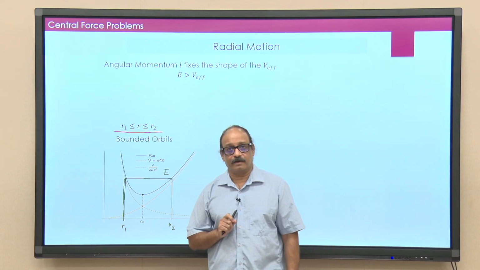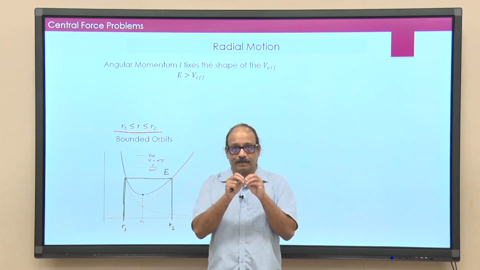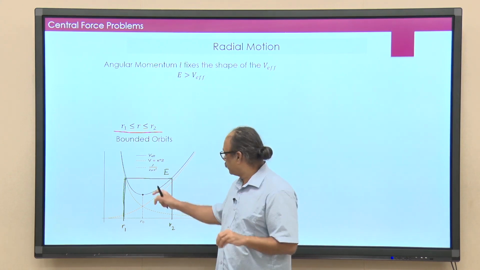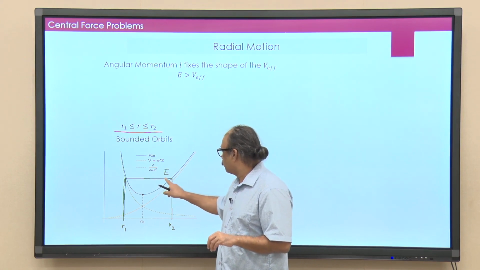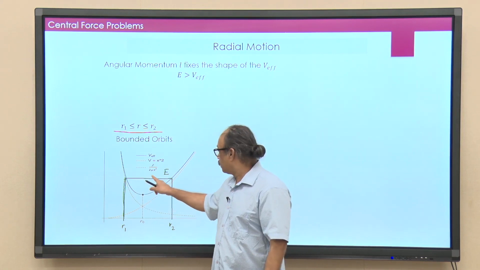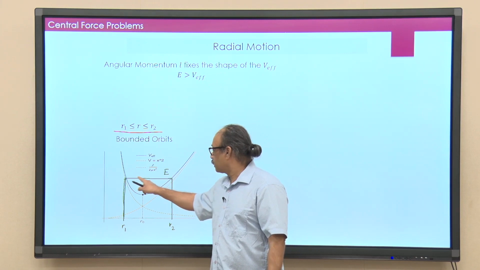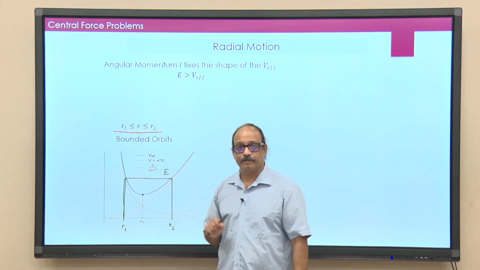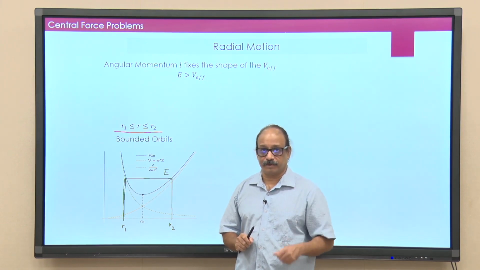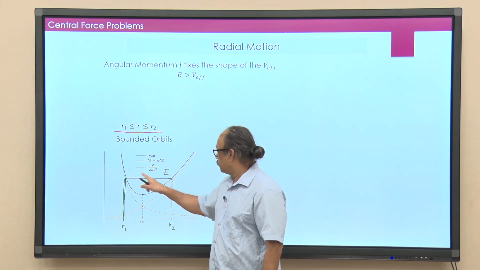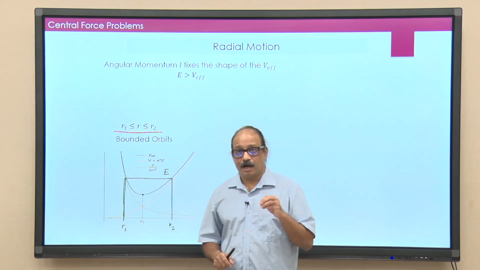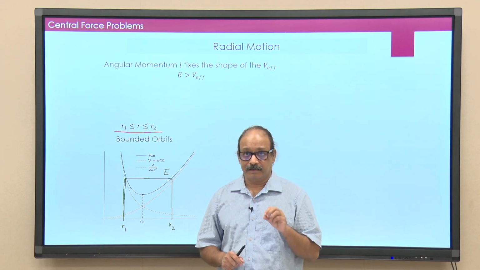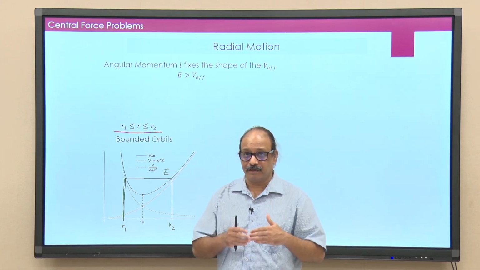So, basically the particle starts somewhere in the middle, say it goes with a positive velocity, goes all the way up to this turning point, turns back, and it will keep doing this back and forth motion. And at the turning points, r dot is 0, that is, the radial velocity is 0.